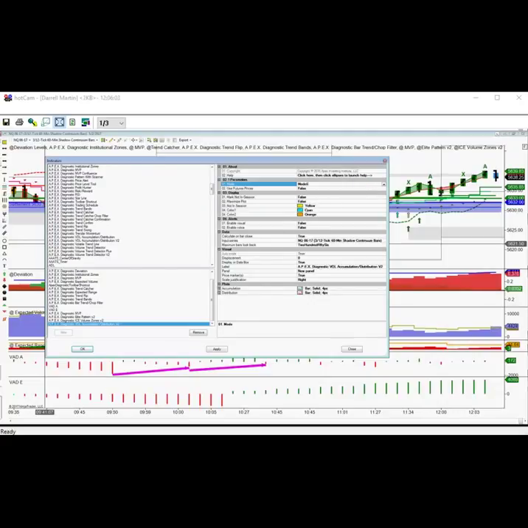And then to make it say VAD A and VAD E, I just go to the label section under visual and type in VAD E. Otherwise, it'll say volume accumulation distribution with this long name, and I won't know if it's A or E or whatever. So just to help me keep it straight, I relabel it.